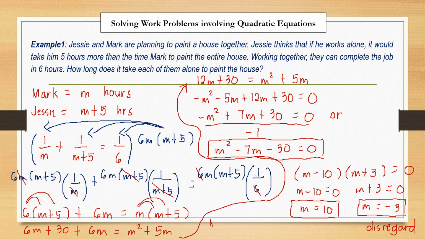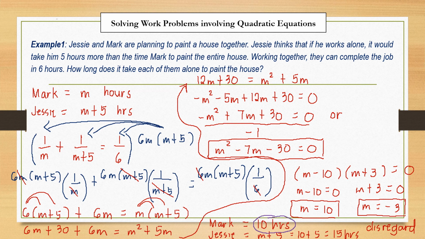Therefore, Mark can finish the job in 10 hours. For Jesse, since it is represented by m plus 5, if m is equal to 10, 10 plus 5, that will be 15 hours.